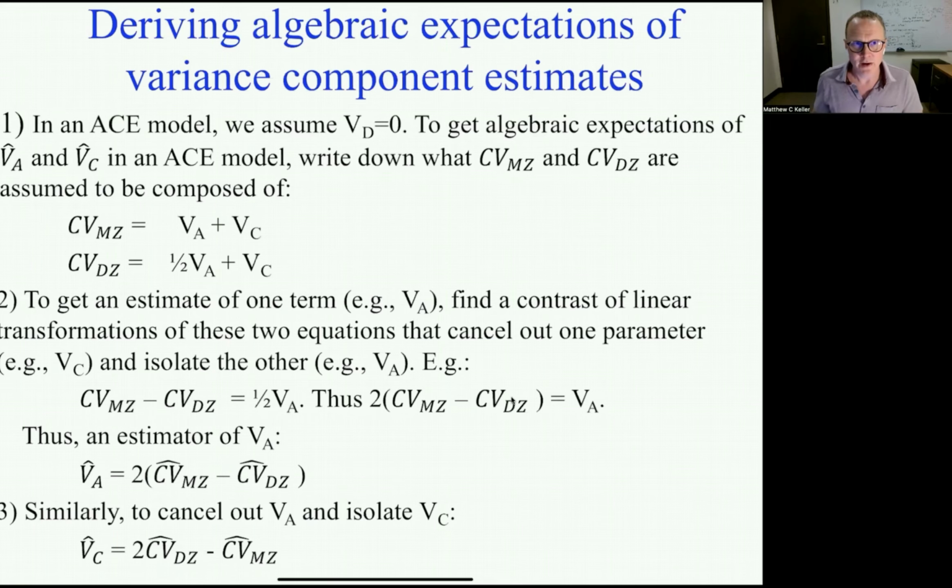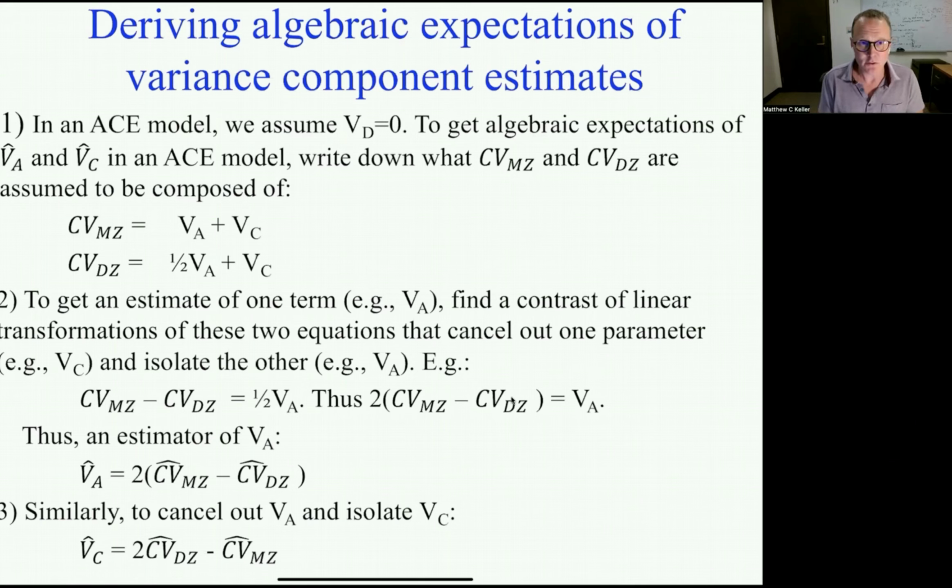Let's first derive algebraic expectations of variance component estimates in the classical twin design. In an ACE model, we assume that VD is equal to 0. So to get algebraic expectations of VA hat and VC hat in an ACE model, the first step is to write down what we assume the covariance of MZs is composed of and what the covariance of DZs is composed of.